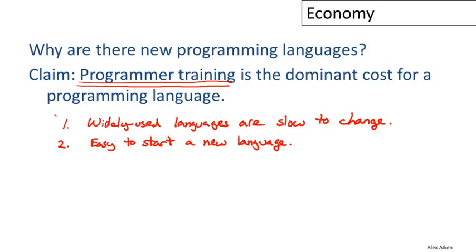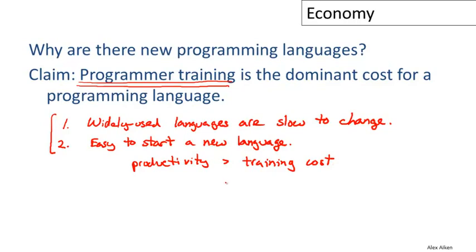And there's a tension between these two things. When is a programmer going to choose between a widely used existing language that perhaps doesn't change very quickly and a brand new language? Well, they're going to choose it if their productivity exceeds the training cost. So if they perceive that by spending a little bit of time and money to learn this new language, they're going to be much more productive over a relatively short period of time, then they're going to make the switch.